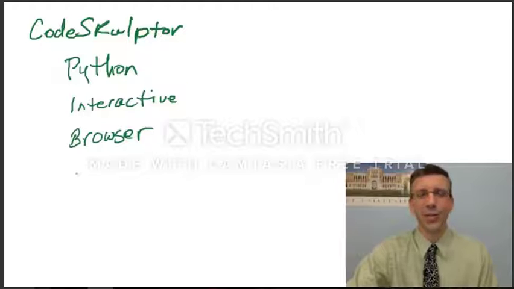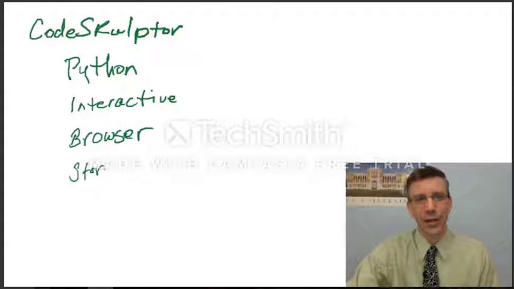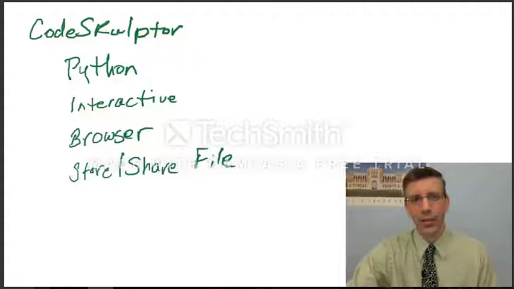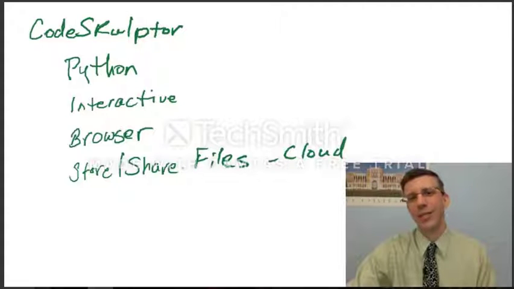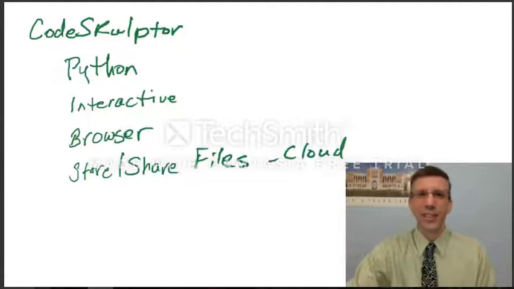Right? We also, because we're in the browser, have an easy way of storing and sharing files. Now we're going to put these out in the cloud. What is the cloud? Well, cloud is sort of a nebulous term, but the way that we're going to use that term is there's a bunch of data centers around the world, and these data centers have plenty of storage.